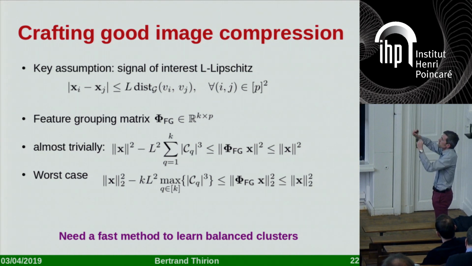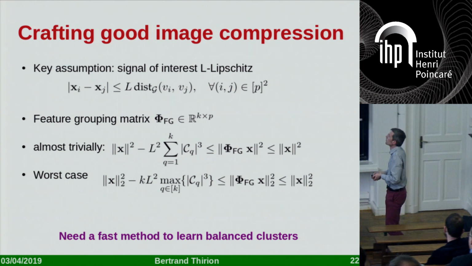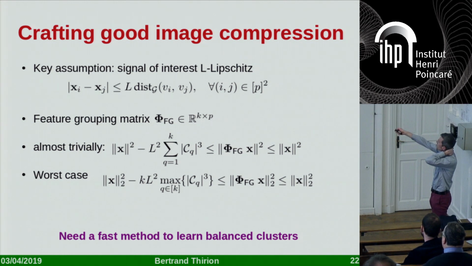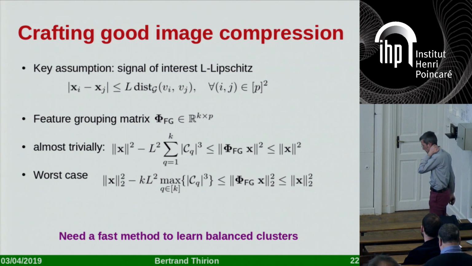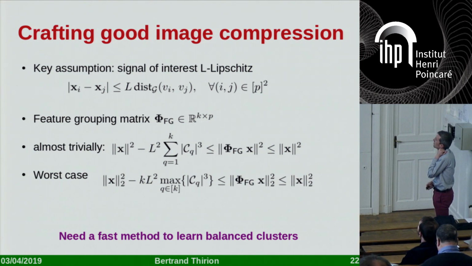The difference of signal between two pixels or two voxels is bounded by the distance in the image space of these pixels or voxels. So if the two pixels are very close, their signal is likely very similar. If you've got this type of property, then you can see that our approximation is not too bad. The error can be bounded above by something that involves the Lipschitz constant and the size of the cluster that you used. And you can quickly see that to have a good representation, you need the clusters to have more or less equal size.